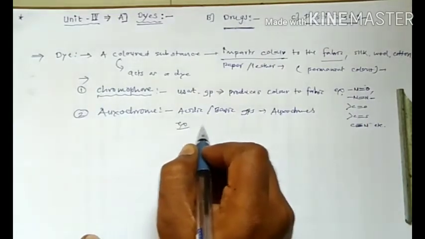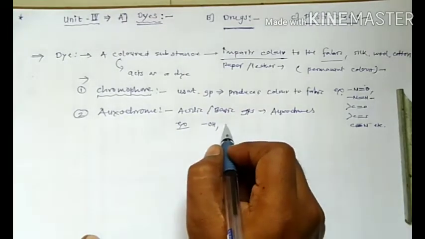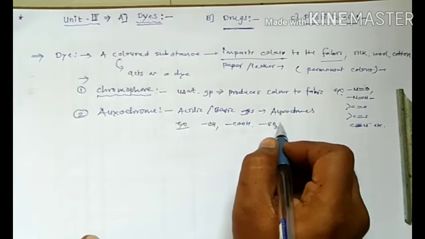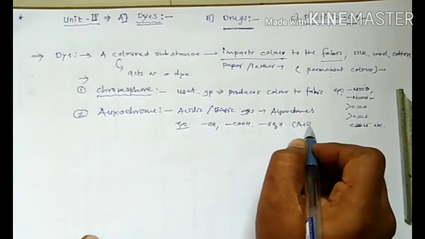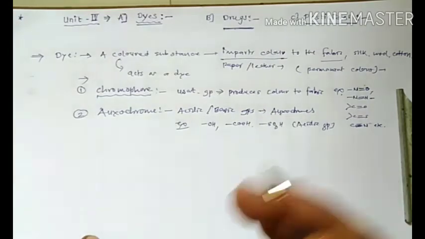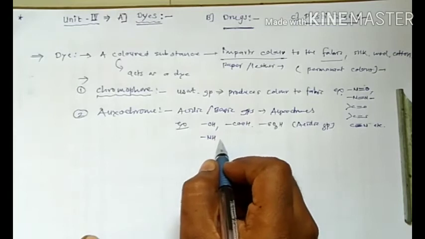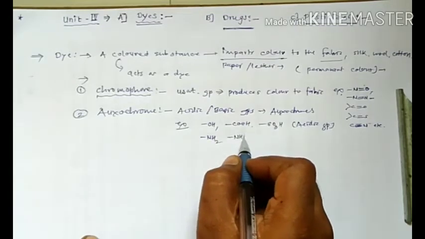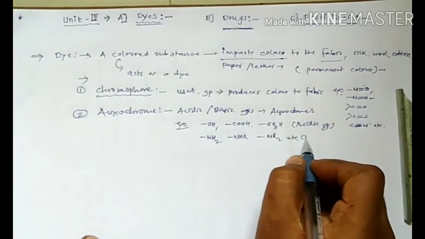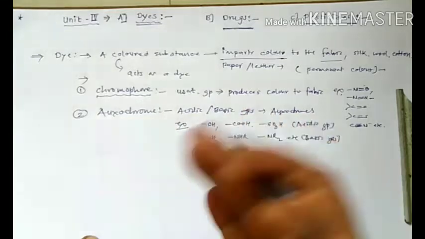For example, alcoholic OH, which is weakly acidic in nature, carboxylic acid group, or sulfonic acid group. These are the acidic groups that act as an oxochrome. Or some primary amine, secondary amine, or tertiary amine, etc. These are the basic groups that act as an oxochrome.